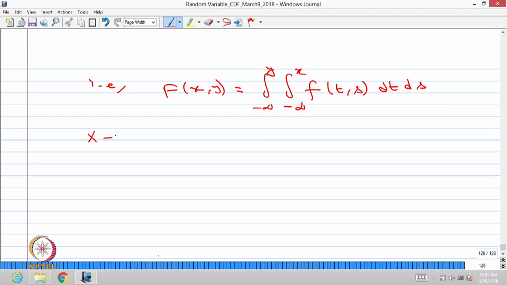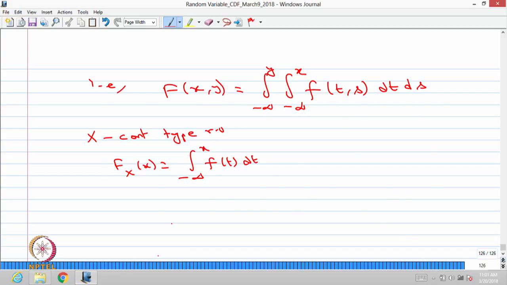It is similar to the 1-dimensional case, where if x is a continuous type random variable, the CDF of x can be written as an integration of an integrand, and that is the probability density function of the random variable x. The same way we are writing for a 2-dimensional continuous type random variable.